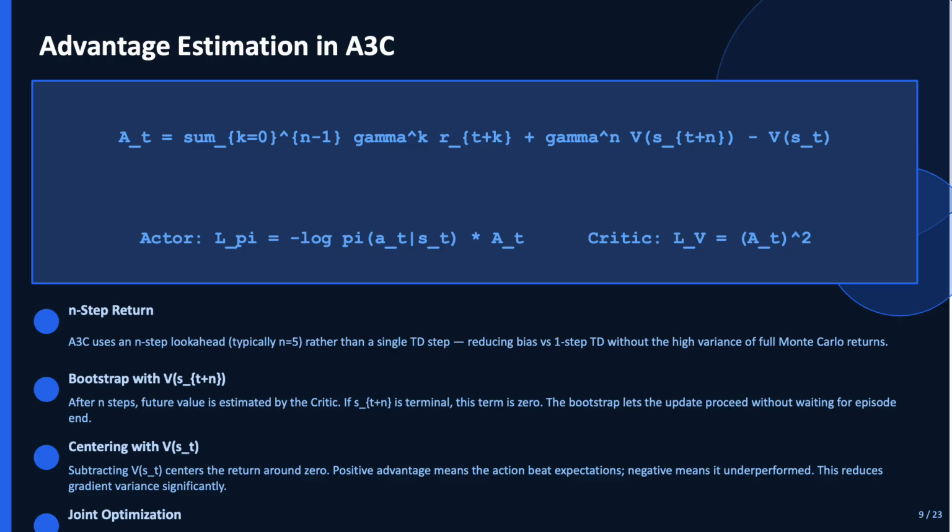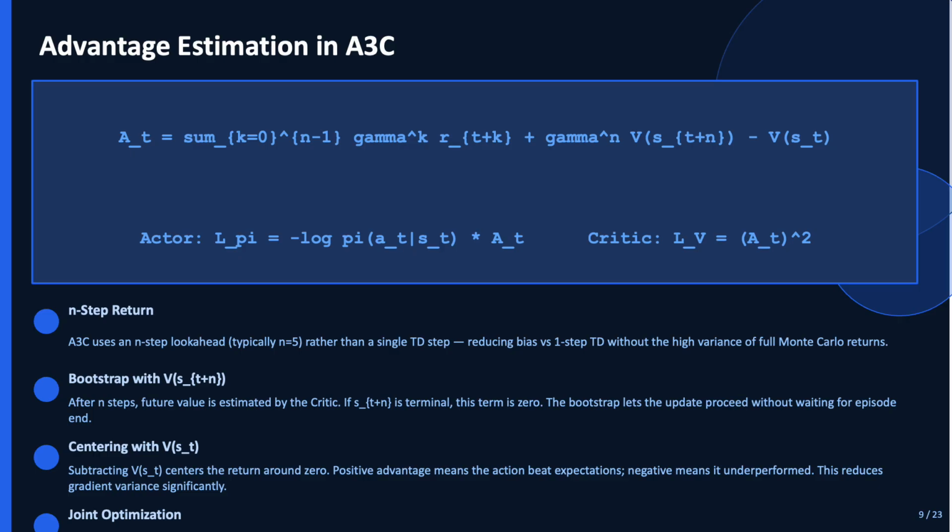The n-step return is then calculated as the sum of discounted rewards over those 5 steps plus the discounted critic estimate of the final state's value, and the estimated value of the starting state is subtracted to obtain the advantage, which measures how much better the taken action sequence was compared to what the critic predicted on average.